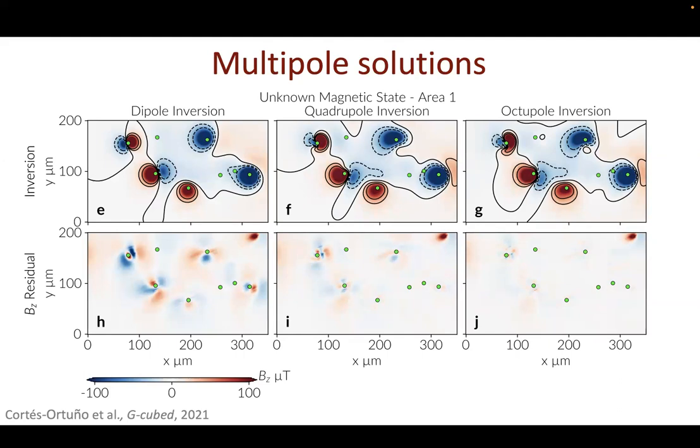In the left-hand column, you see the result of the inversion. These signals are fully dipolar, and this is the residual. This is the magnetization that we cannot explain if we fit dipoles. When we fit quadrupoles, in this case, the residual already goes down. When we fit octupoles, we can actually explain the complex magnetizations that we see on the surface, and the residuals are almost completely gone. So that's really cool.